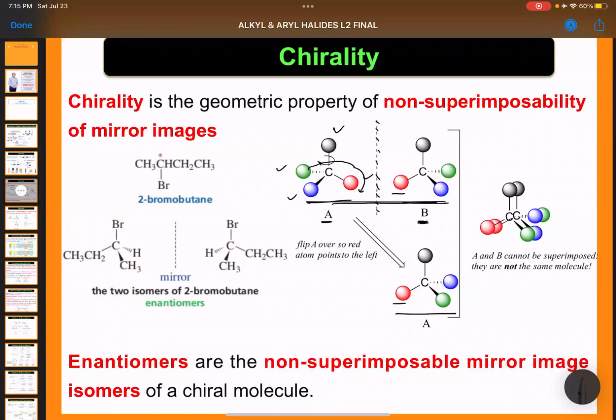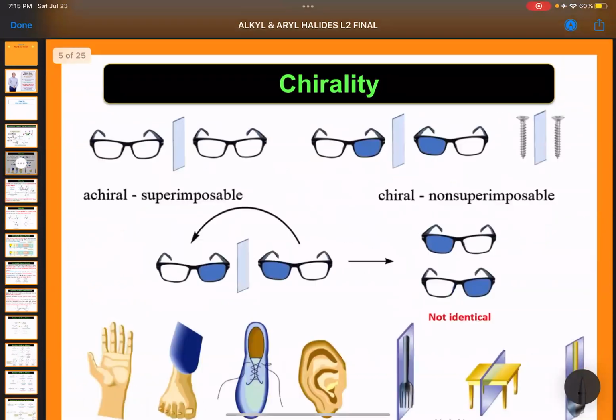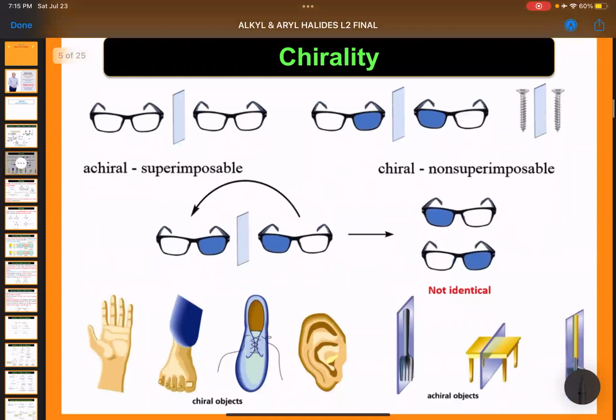And not only carbon can be chiral; in our day-to-day life, there are other things also which can be chiral. Chiral is a geometric property. Molecules can be chiral, or it can be found in our day-to-day life objects also.